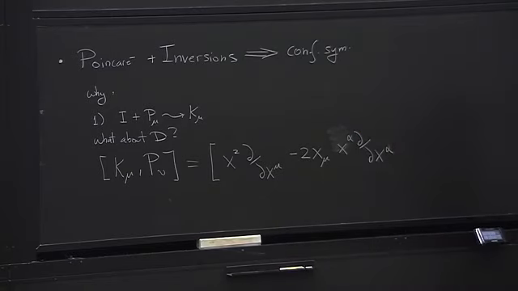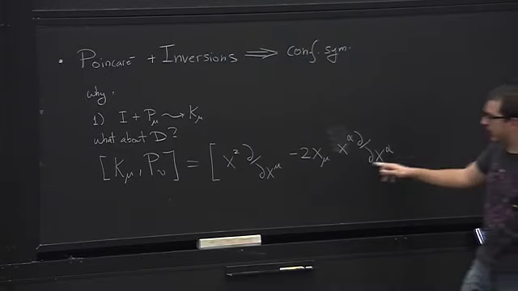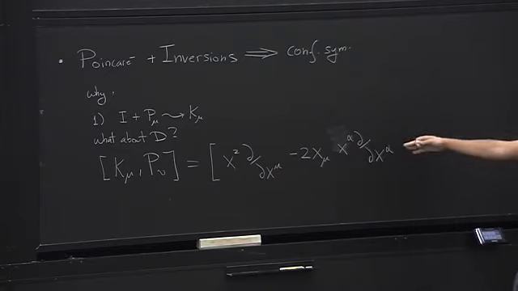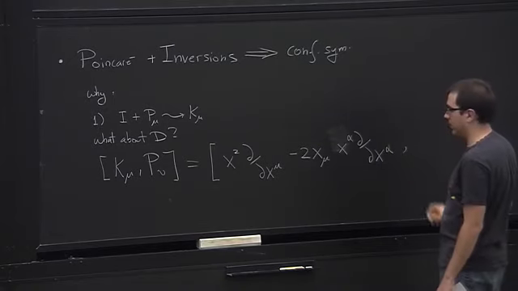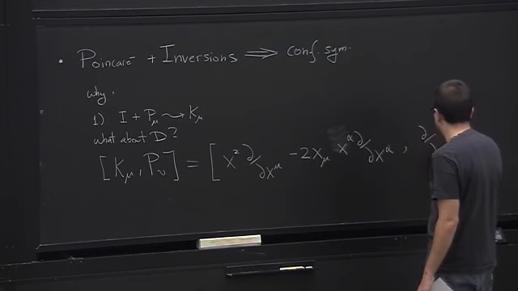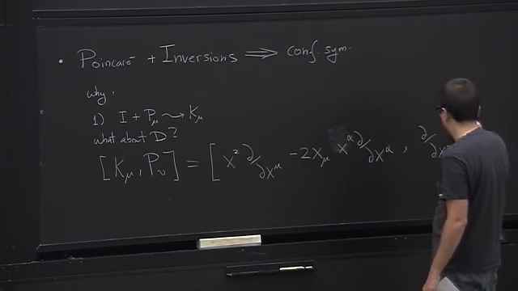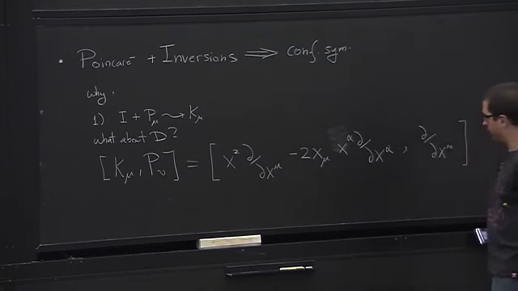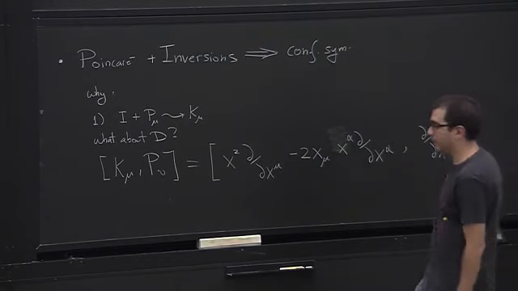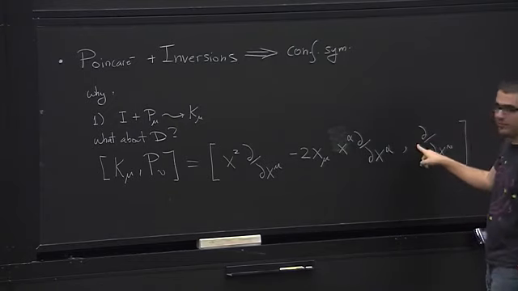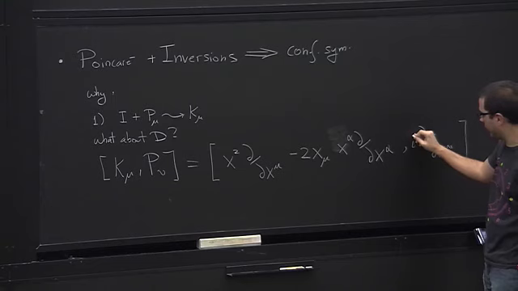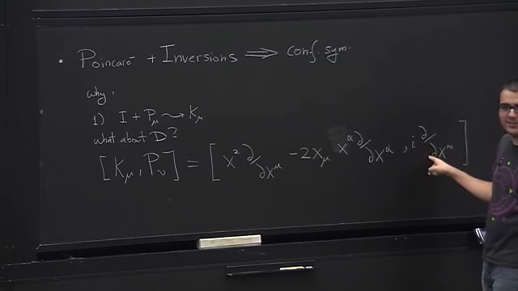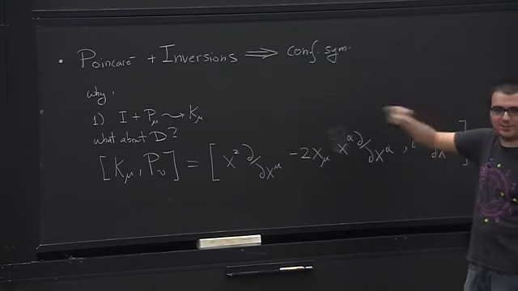Is it clear? This generator, if you contract with b mu and act on functions of position, generates that translation. And P, what is P? It's d/dx nu. And if we are doing it properly, even though I always forget, there is an i: P is i d/dx, because e to the ipx is what generates translations.